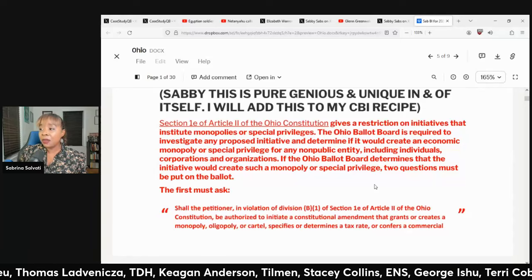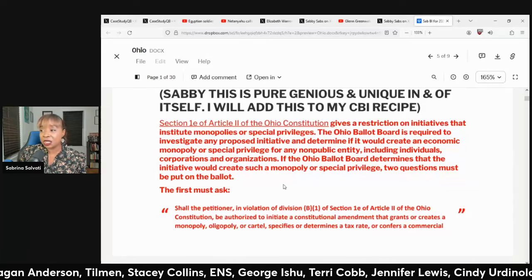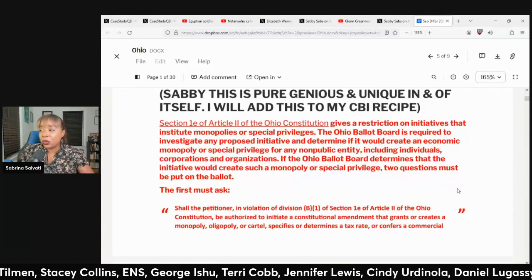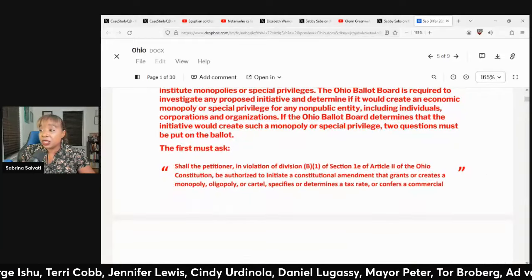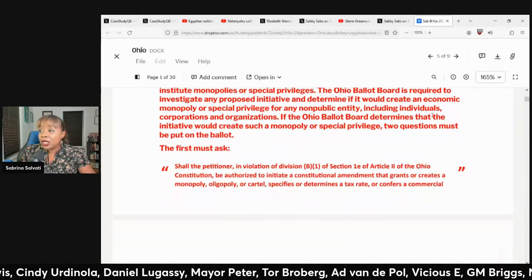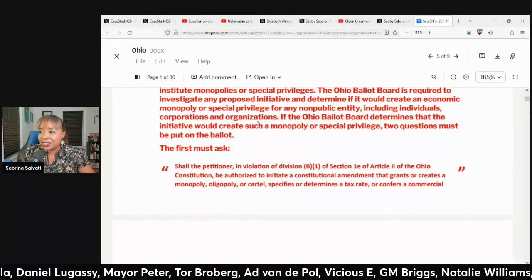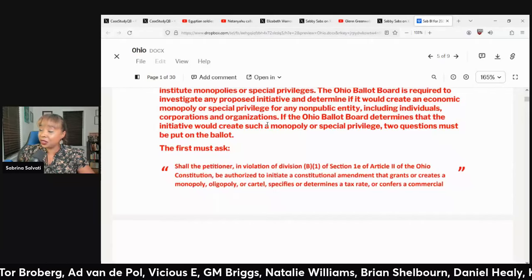The Ohio Ballot Board is required to investigate any proposed initiative and determine if it would create an economic monopoly or special privilege for any non-public entity, including individuals, corporations, and organizations. That's actually huge. That's pretty cool.